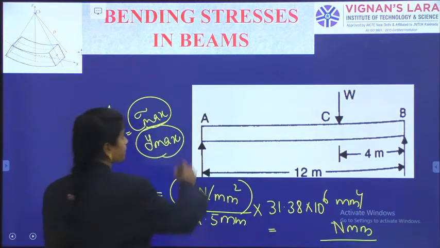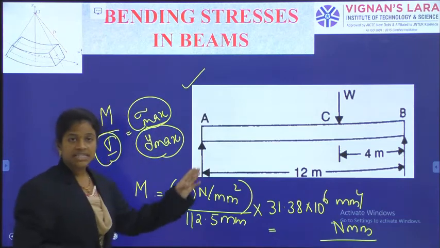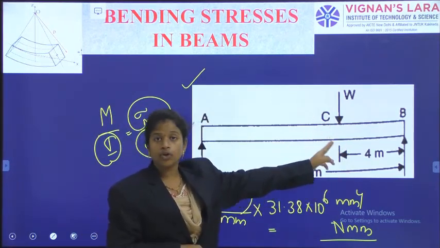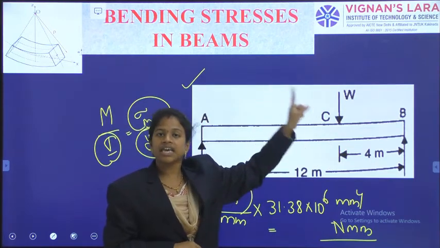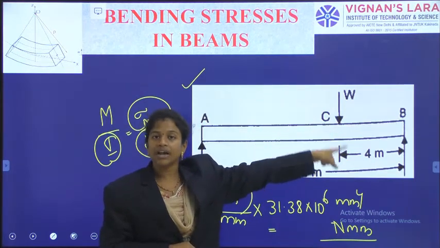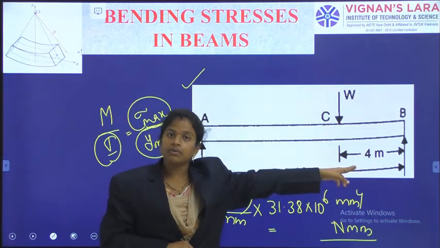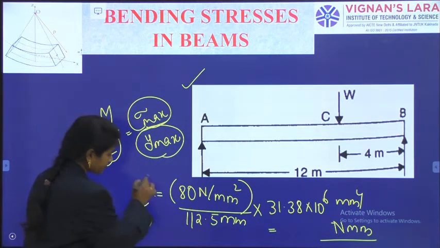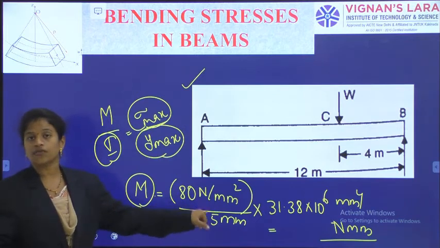For a simply supported beam with a point load at a distance of 4 meters from the right support, there is a maximum bending moment. That maximum bending moment is equal to the moment of resistance offered by the section.